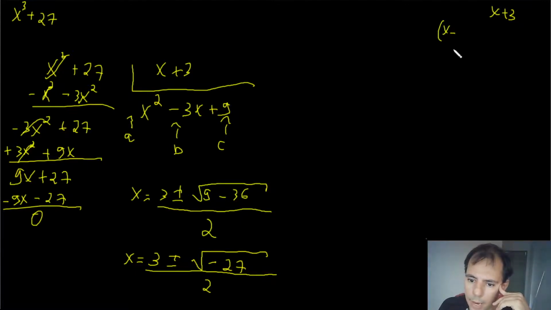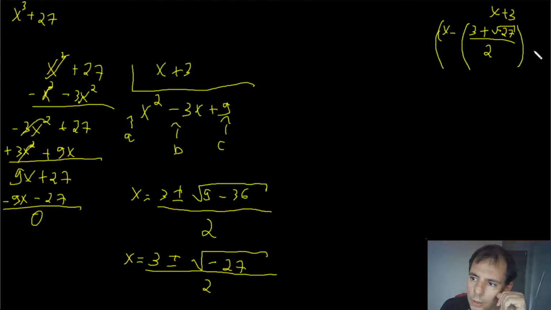So the second factor is going to be x minus, and I'm going to plug in the signs here. I'm just going to put it in here: 3 plus the square root of minus 27 divided by 2.